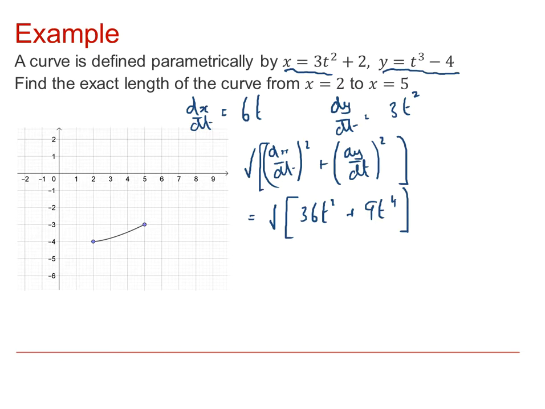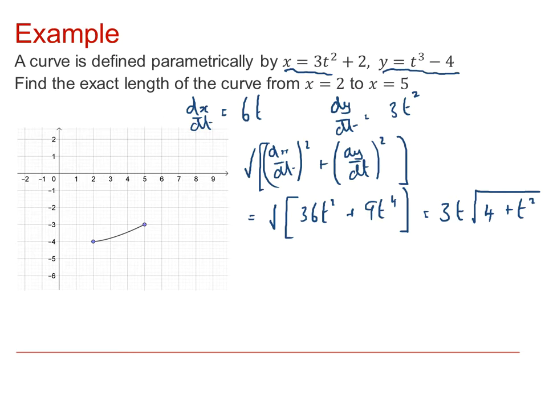We can factorize out of that a value of 9t squared, and when it comes outside the square root that will be 3t. So we get 3t multiplied by, in a bracket, the square root of, since we've taken out 9t squared, we're left with 4 plus t squared.